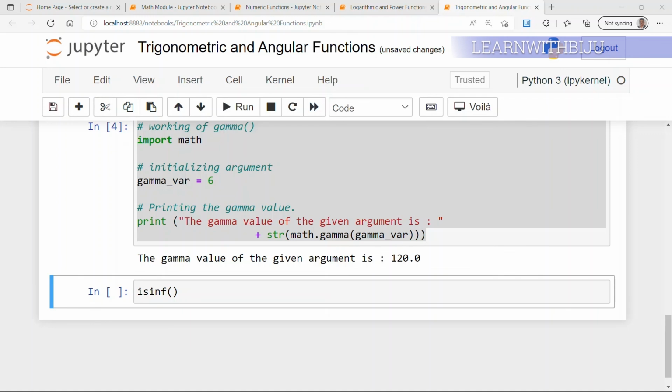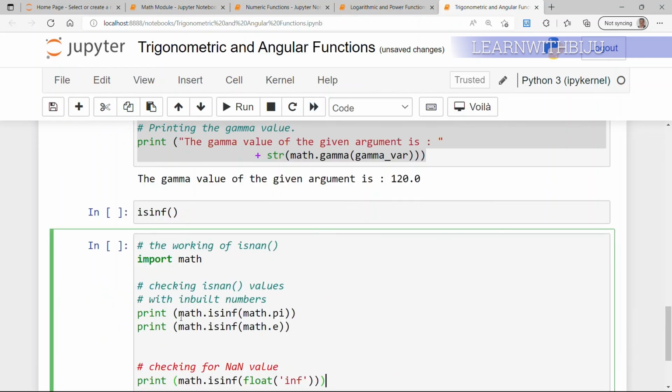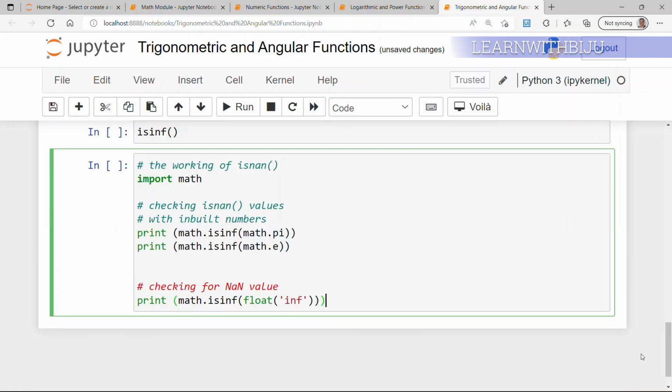For that, I can have an example. We are going to check whether the value of pi is infinity, or we are also checking math.e. Let's try to run this. The float of infinity should be infinity, right?